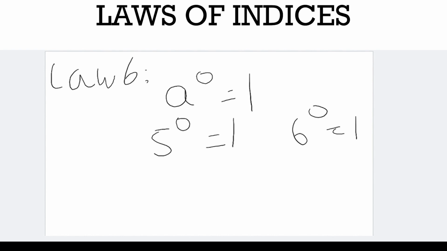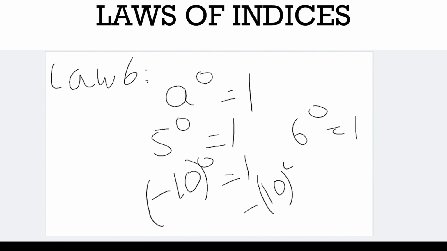If we take some other number, like negative 10, it will also be equal to 1. Also remember one thing: if you are applying power 0 to the negative sign also, then the sign will change to positive. But if you are applying the power only to the number, the negative sign will remain as it is.